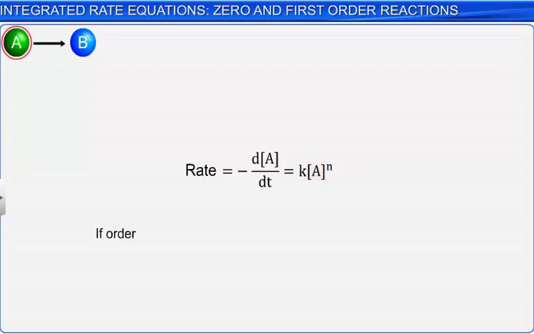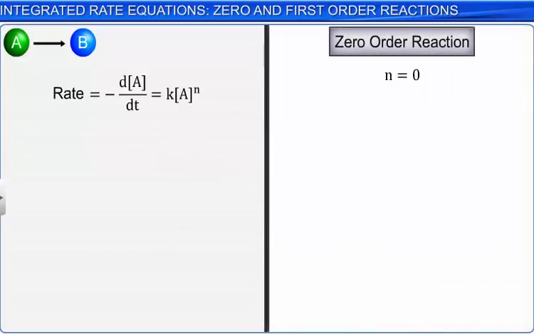If the order of the reaction is 0, that is, if the rate of reaction doesn't depend on the concentration of the reactant, then n is equal to 0. Substituting n by 0 in the differential rate equation, we get minus dA by dt is equal to k, or dA is equal to minus k into dt.